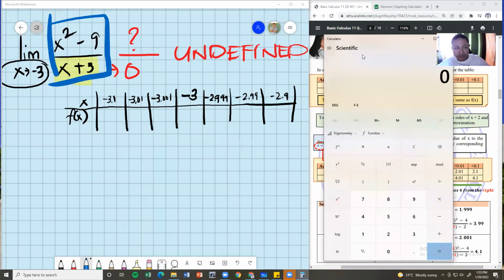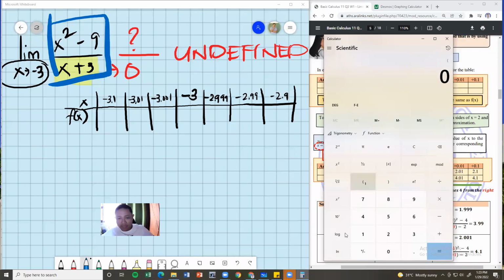So we have here, gagamit ako ng to. So we have x. So simulan ko sa negative 3.1. Negative 3.1. And then square it. Squared. Minus 9.